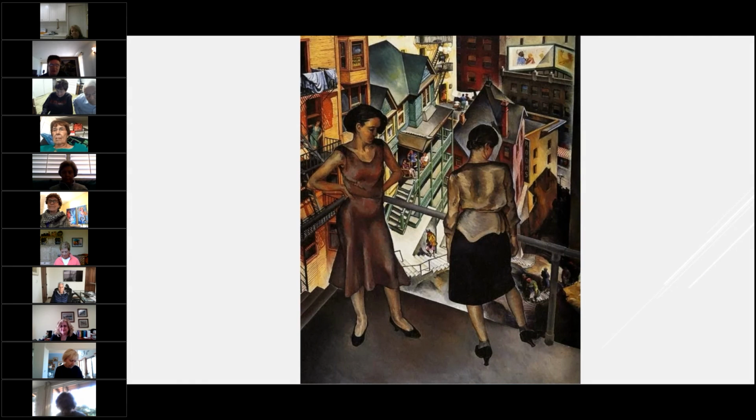And this is Millard Sheets, painted from the top of Bunker Hill, looking south. It's interesting because the painting is titled Angel's Flight, and I'm sure most of us are familiar with Angel's Flight.